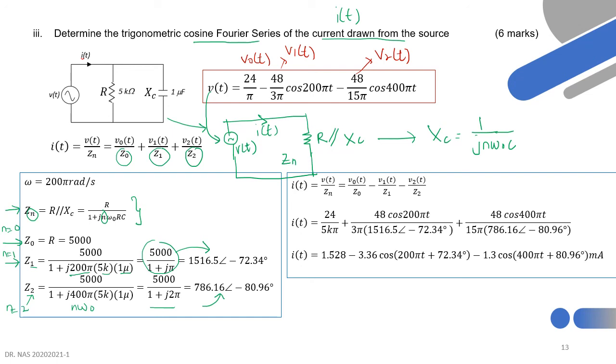So this is your V0, this is your V1, and this is your V2. So the final answer of cosine Fourier series of IT, so this is in cosine form, Fourier series of IT is this equation in milliampere.